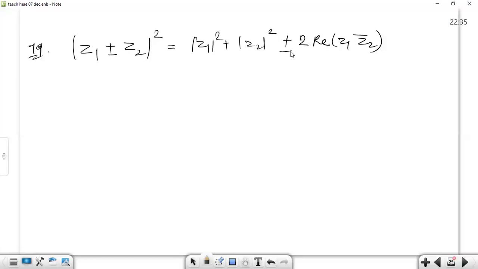But now here it is a negative sign, Z1 minus Z2 complex numbers modulus square. It can be represented in multiple formats.